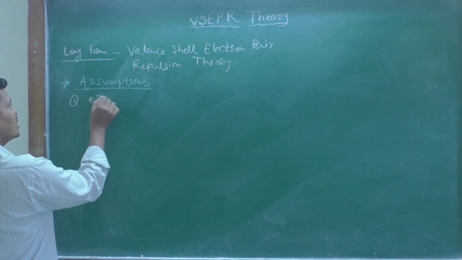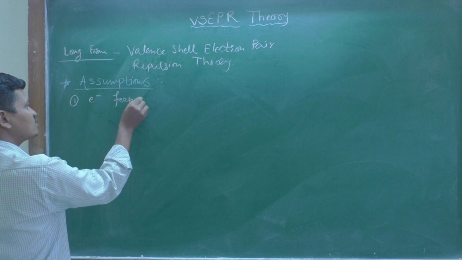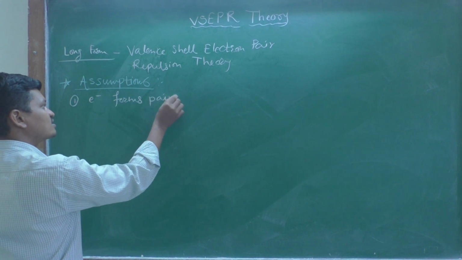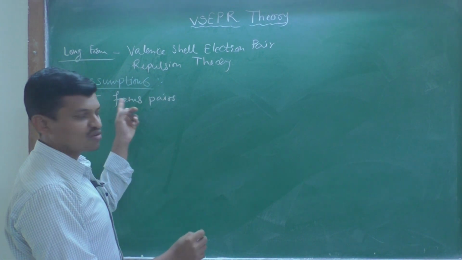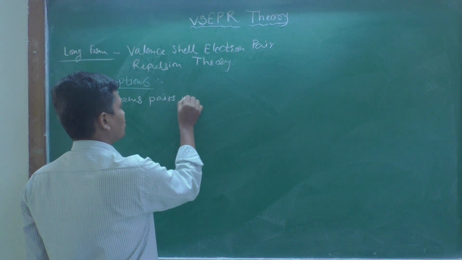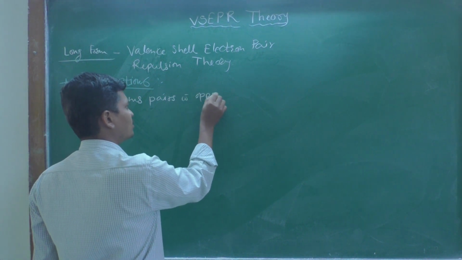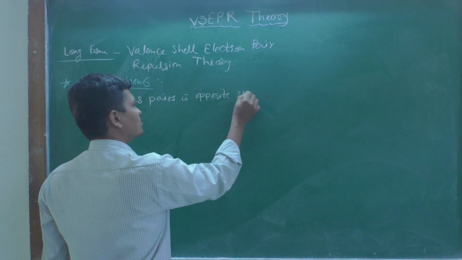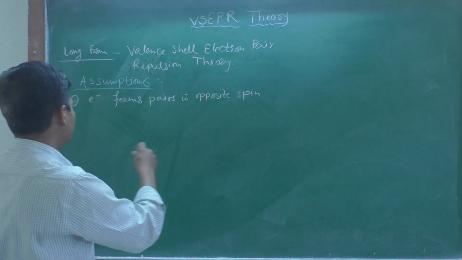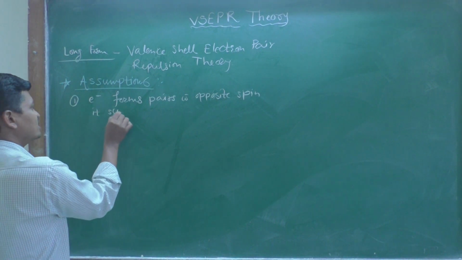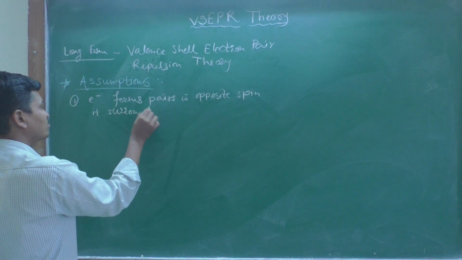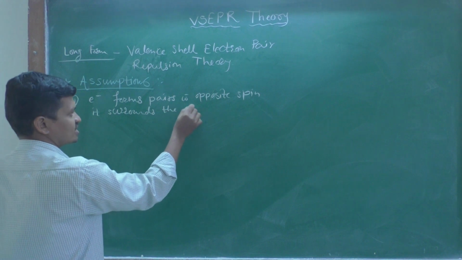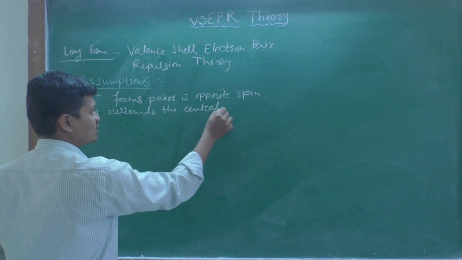Okay, so electrons form pairs with opposite spin, and they surround the central atom. So this is the first postulate.